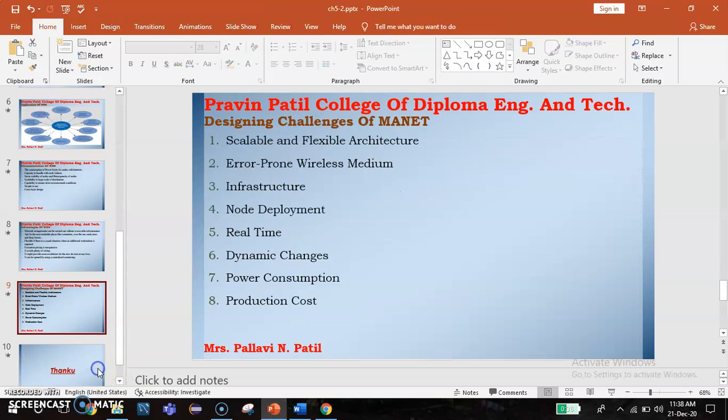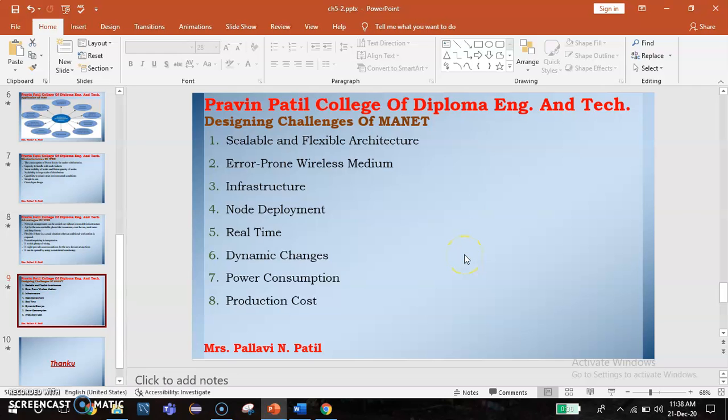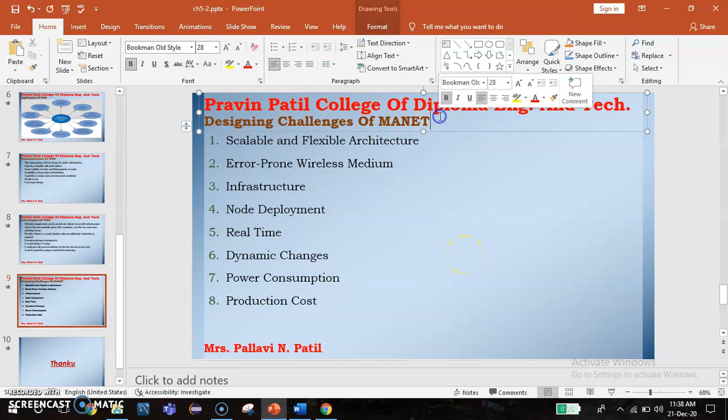Next, the design challenges of the WSN. WSN, that is, the wireless network challenges: a scalable and flexible architecture, error-prone wireless media infrastructure, node development, real-time and dynamic change, power consumption, and product costs.